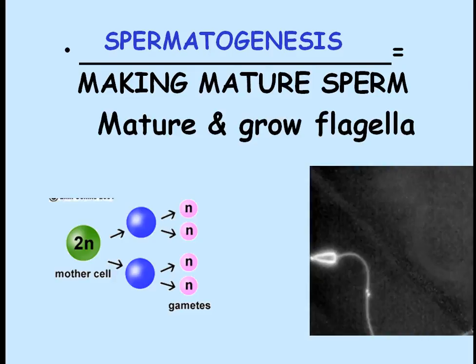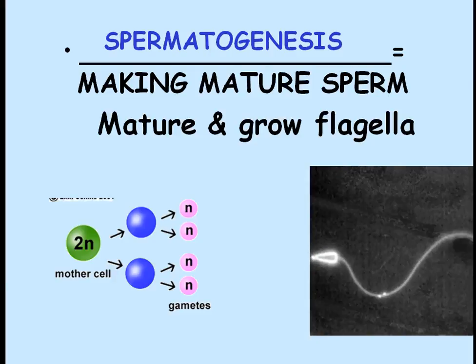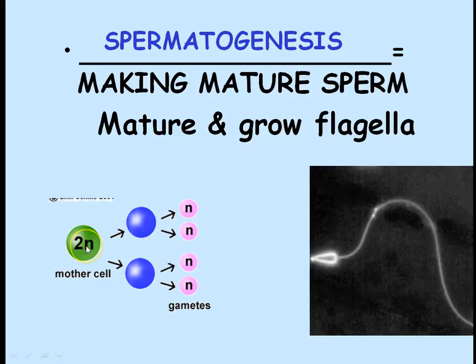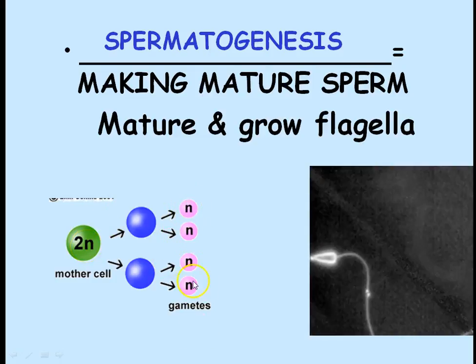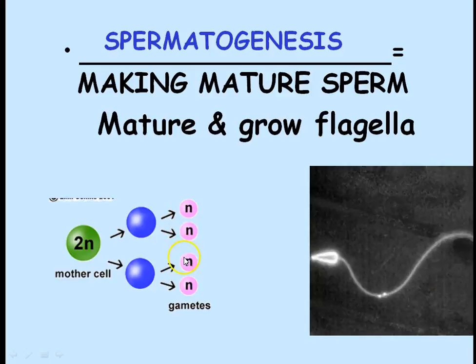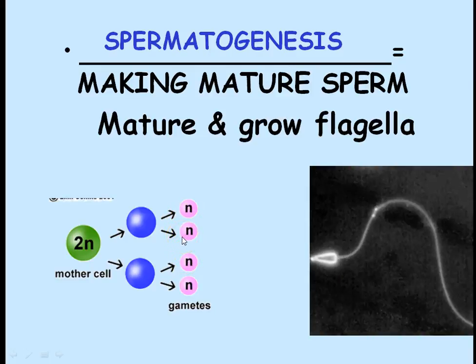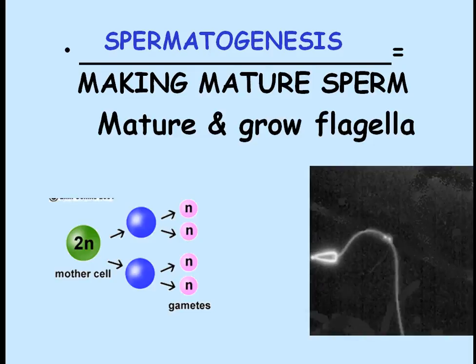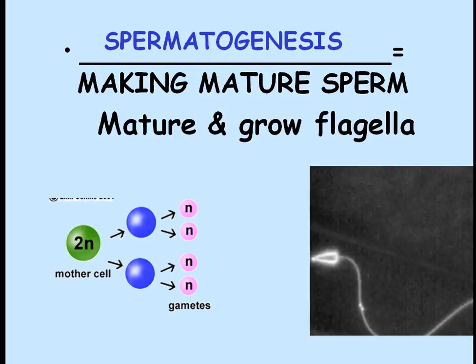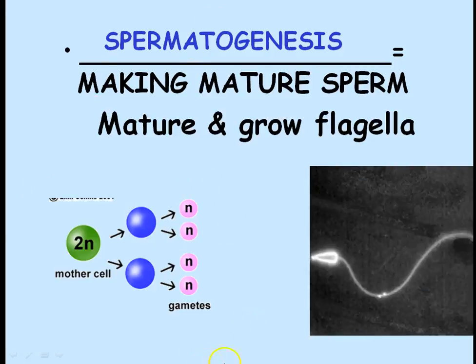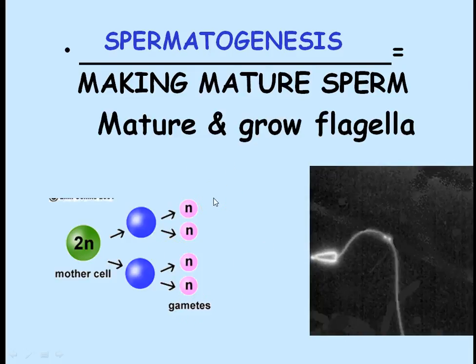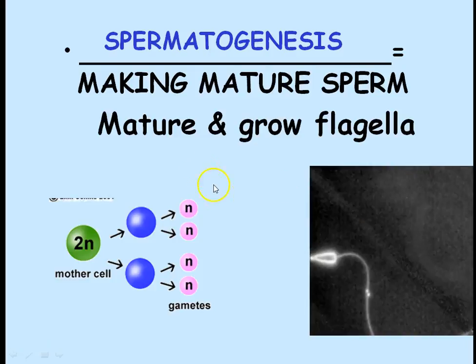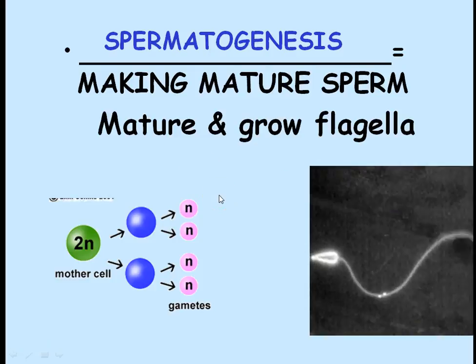So if you look down here, you can see that we start with a diploid cell, and it goes through 2 divisions to make 4 functional daughter cells, all haploid. So every time the testis cells go through meiosis, 4 sperm cells that are capable of working will then be made every single time that those testis cells go through meiosis.